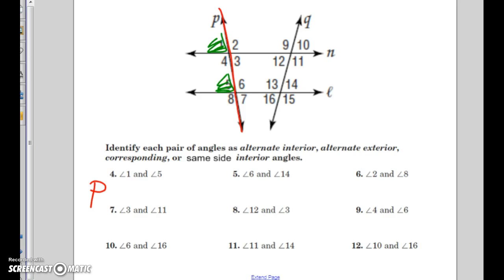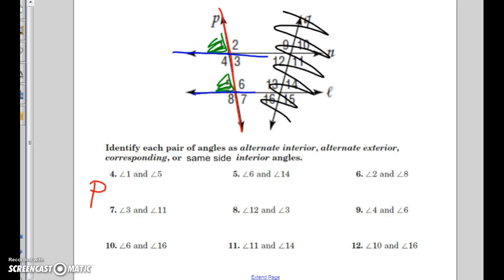So this is my red line. Which ones are my blue lines? N and L. It also means that I can get rid of all this stuff over here. Now my question is, are those two angles inside or outside? You just shaded a picture with inside and outside, didn't you?